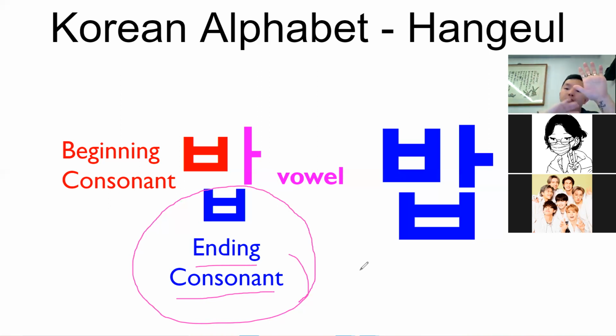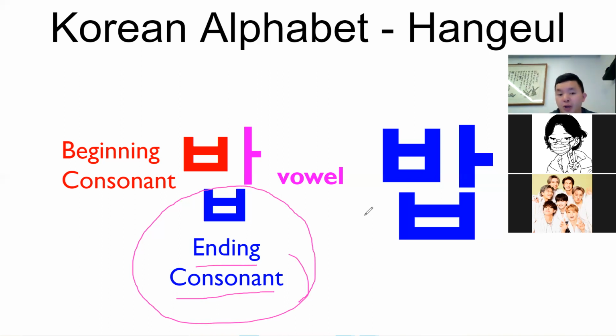But you can also add another consonant at the bottom, or it may not exist, depending on the syllable. So what you see in these parts is the most complex syllable you can have in Korean. Consonant, vowel, another ending consonant, and that's all.